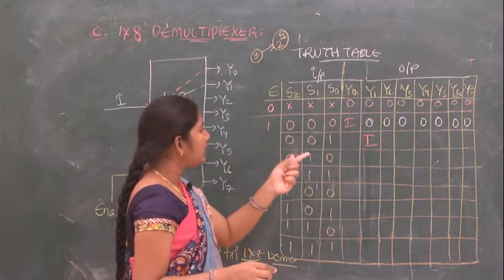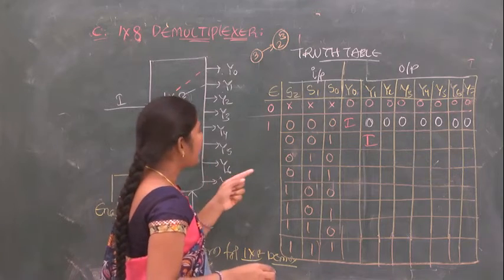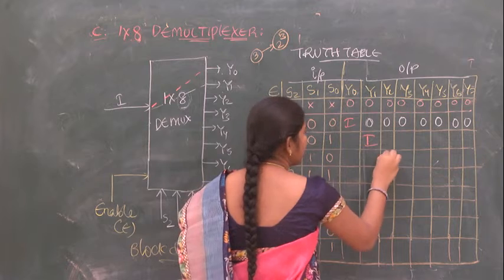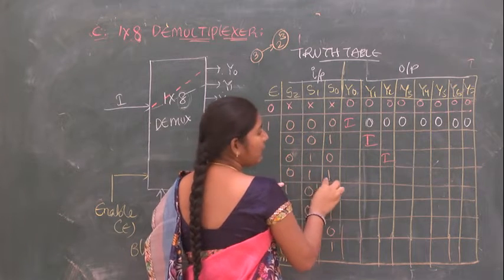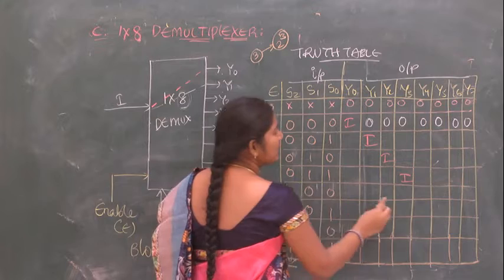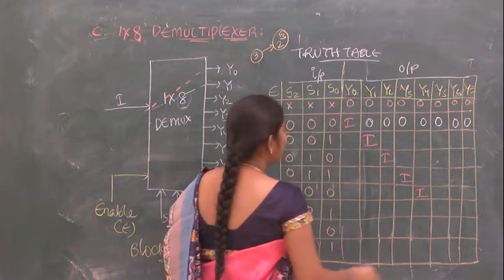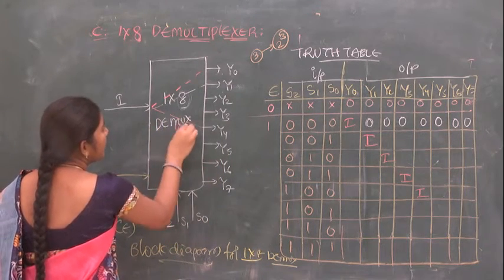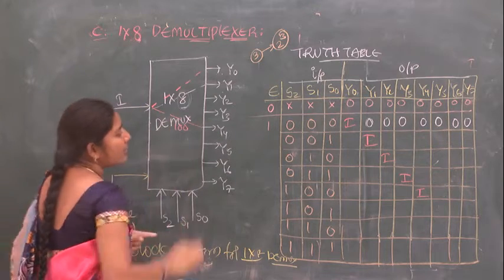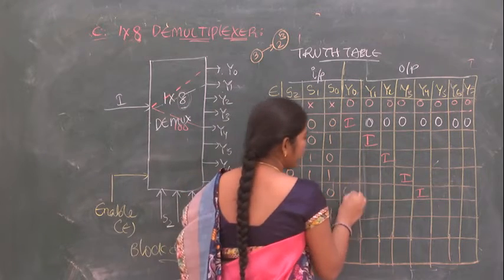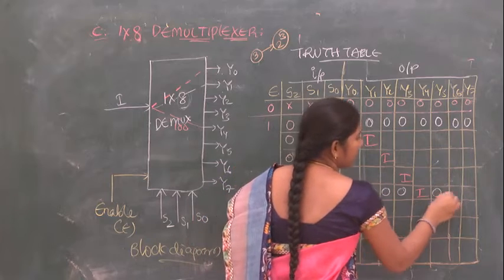At one time, one output is enabled, right? For 0 1 0, I data will be transferred to Y2. For 0 1 1, I data will be transferred to Y3. For 1 0 0, input I is transferred to Y4. Okay? And the remaining are all zeros in every case.